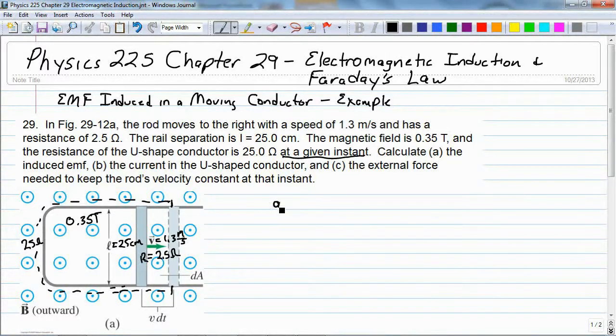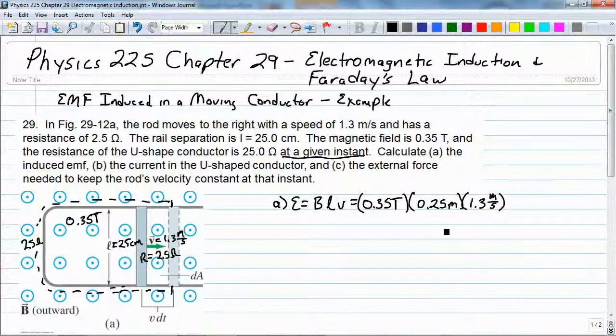So part A, the induced EMF is equal to the magnetic field times the length times the velocity, and that's 0.35 Tesla times, well, 25 centimeters is 0.25 meters, and our velocity is 1.3 meters per second, and that gives us the units that we're going to need.